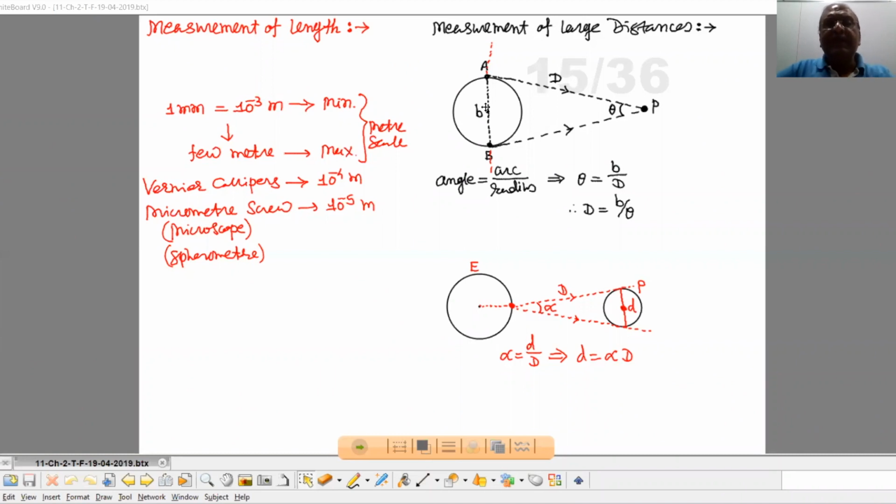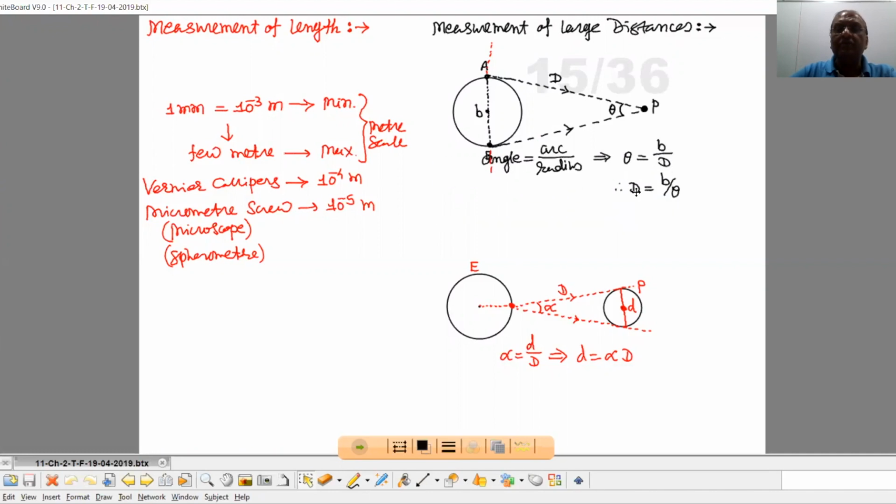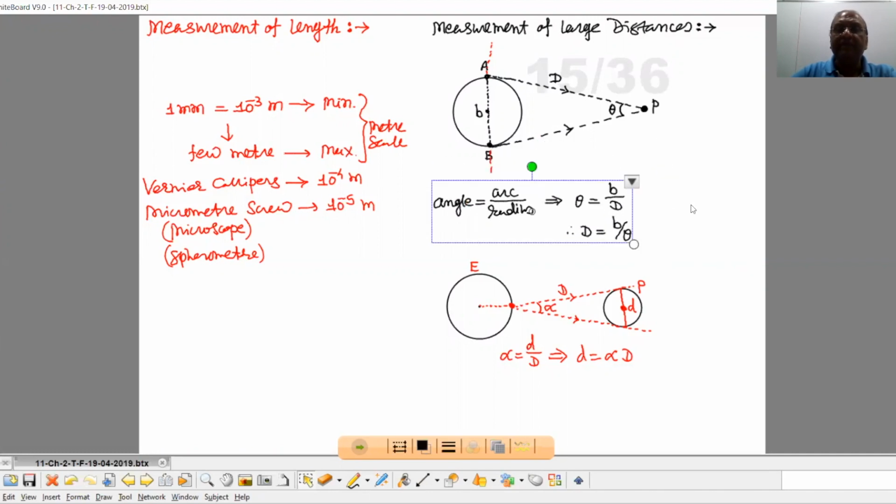So we can treat this distance A to B as an arc. So we can say angle is arc upon radius. So angle theta, the arc is B, and the radius is the distance between the earth and the planet. Suppose we denote it by capital D, then we can write angle theta is B by D. Therefore the distance D is equal to B by theta.